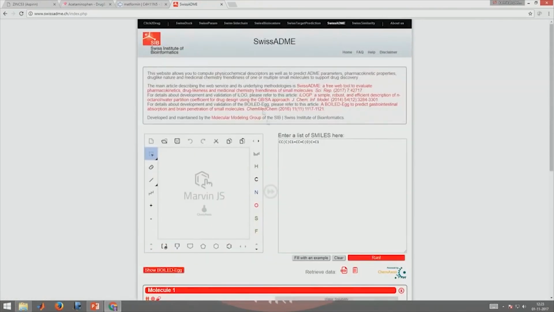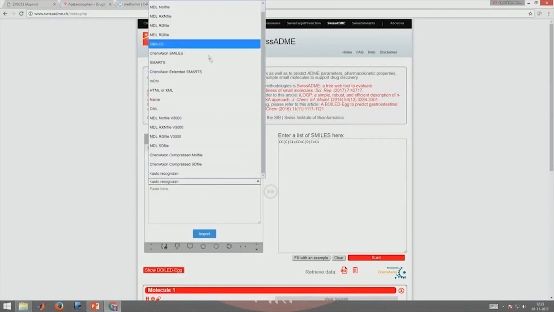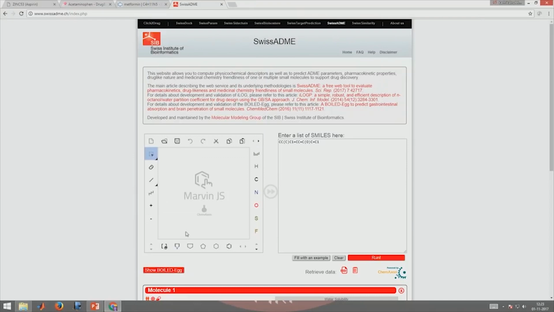So this SwissADME is a good free online tool. We can draw any structure here, and we can even import structures from different software, with files of different extensions, and then we can do a lot of calculations as I showed you below.